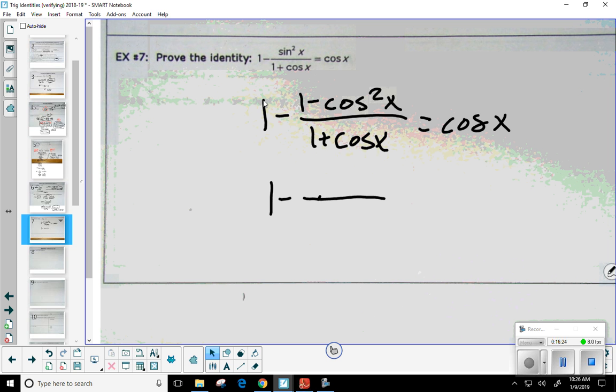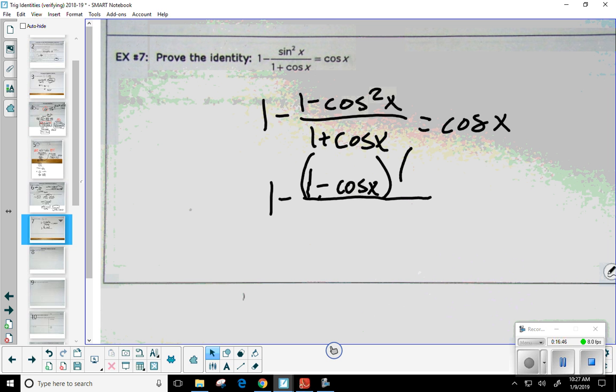So 1 plus cosine x. Let's put that in parentheses, since we're going to have another one right next to it. Oh, the 1 minus cosine x. That's okay.